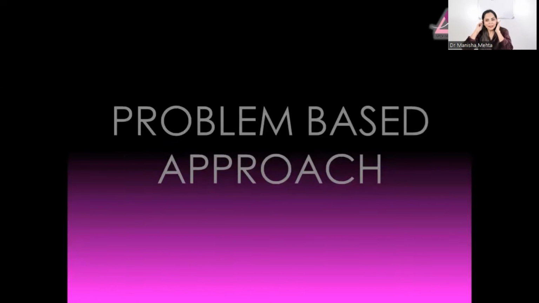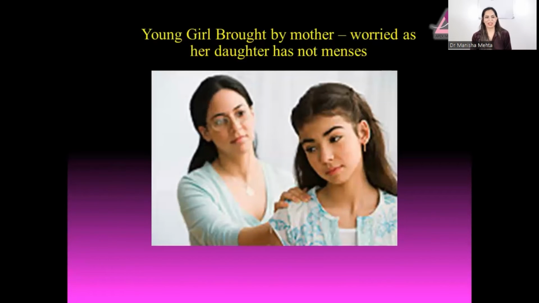Okay, so there are many approaches. One approach is you can go from up to down. That is, you can see if the hypothalamus is working, then if the pituitary is working, then if the ovary is working, and if the outflow tract is open or not. But I usually believe in a problem-based approach.